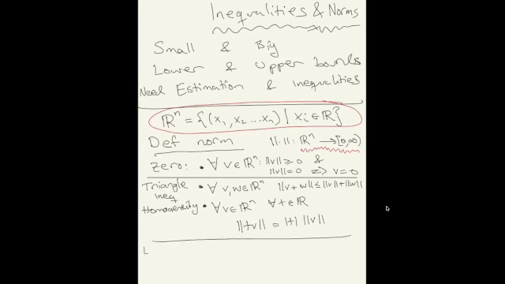So a simple example of this, we'll see others, is that if n is equal to 1, and if you're just on R, then the norm of x, in this case x is a scalar, can be defined as just the absolute value of x. And this is essentially the only norm that you have on R. And these properties are very easy to verify in this case.